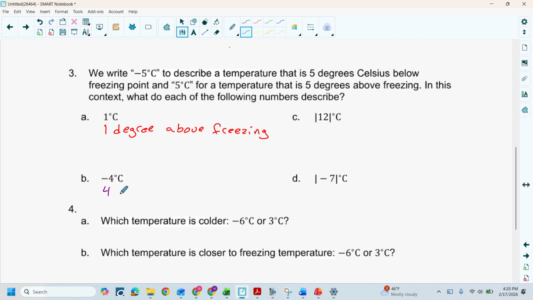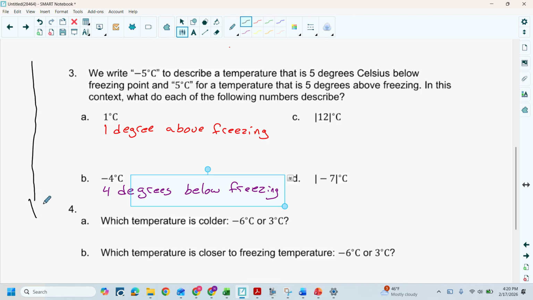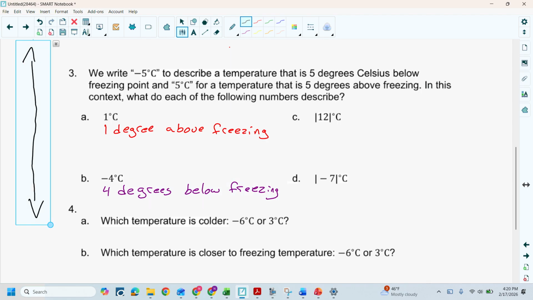And -4 would be 4 degrees below freezing. Okay, so again, there's a vertical number line, and here's 0, my freezing.